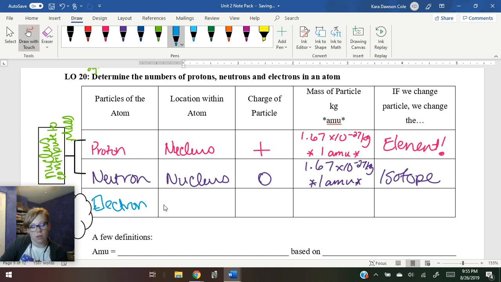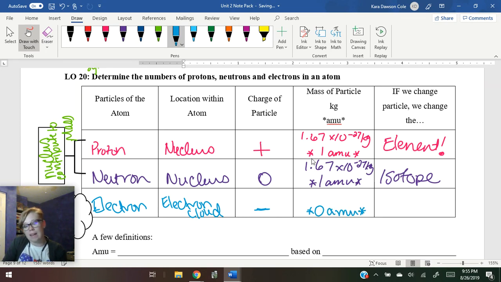So the electron is in what we call the electron cloud. In the electron cloud, this guy has a negative charge. So the positive proton negates the negative electron. This guy has an atomic mass unit of 0 AMU.